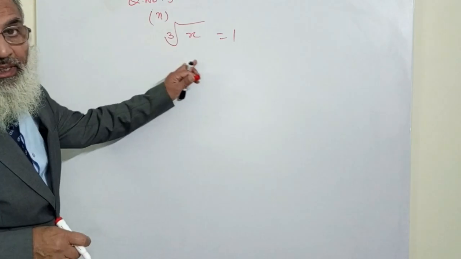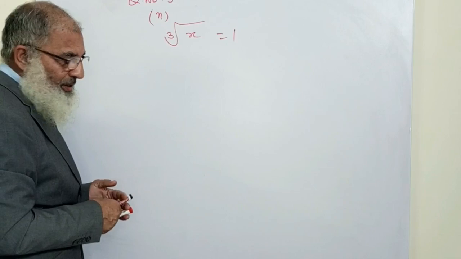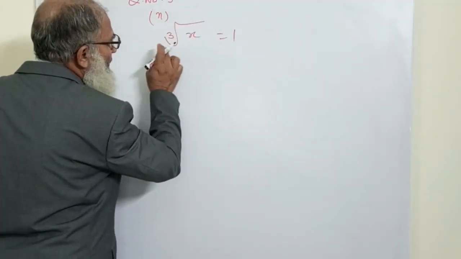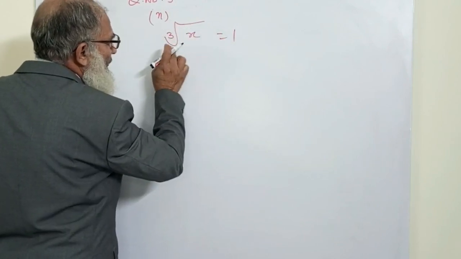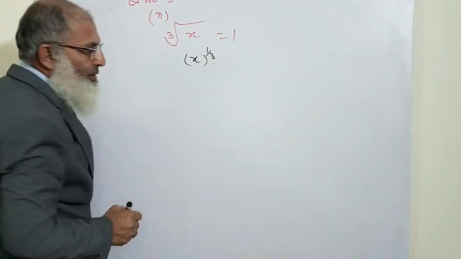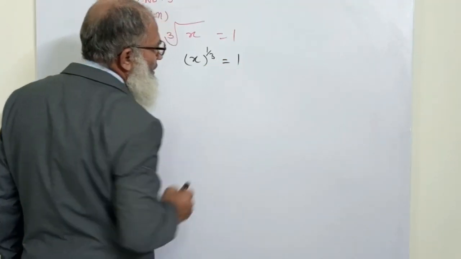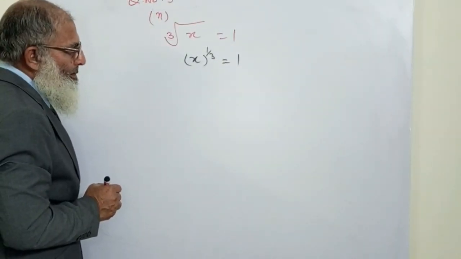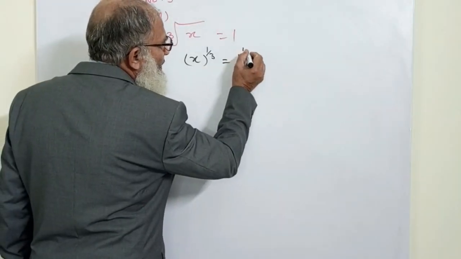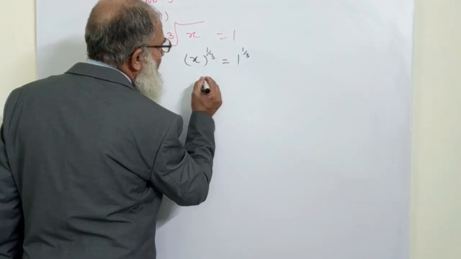So my dear students, this is again a very simple question, and I just told you in my previous part that whatsoever is written under this umbrella, you can write it in this way. Now it is equal to 1. So if I just put here 1 by 3, that means x is equal to 1.